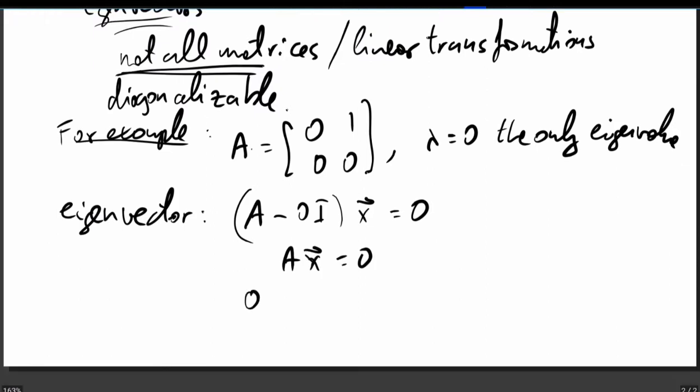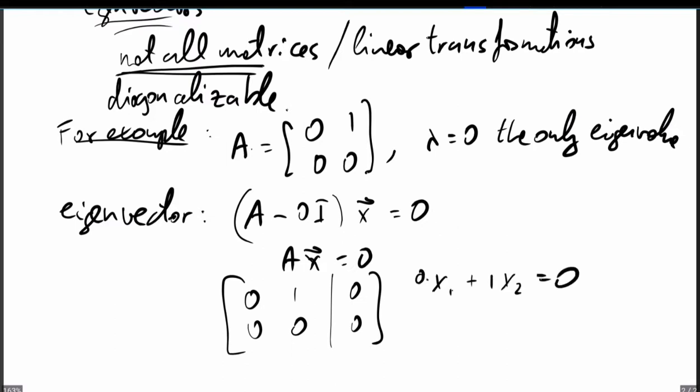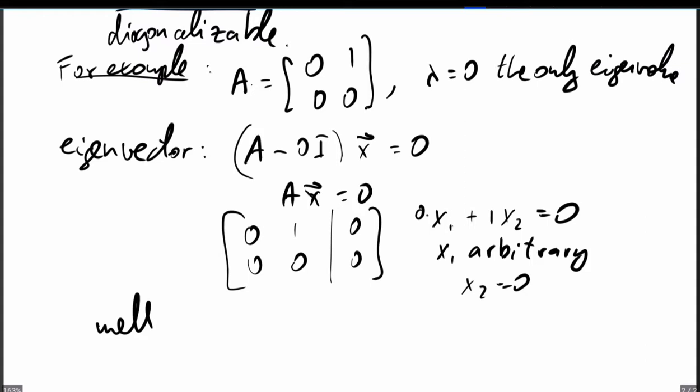If you write this down, the solution to that is that x1 is arbitrary and x2 equals 0, because this is a 0 x1 plus 1 x2 equals 0 equation. So it means the null space of A minus 0I equals the span of the vector (1, 0).